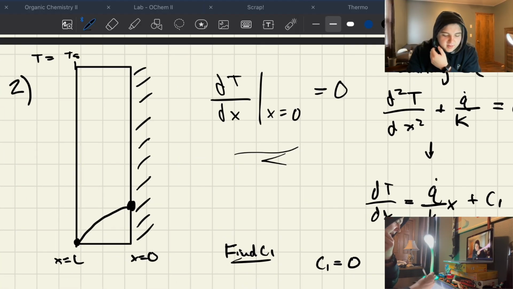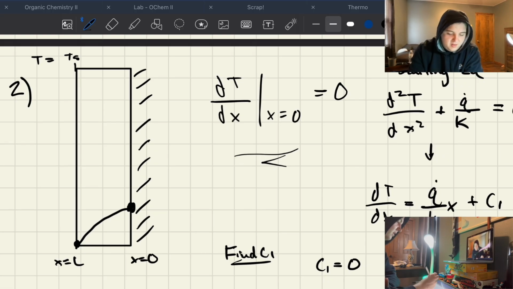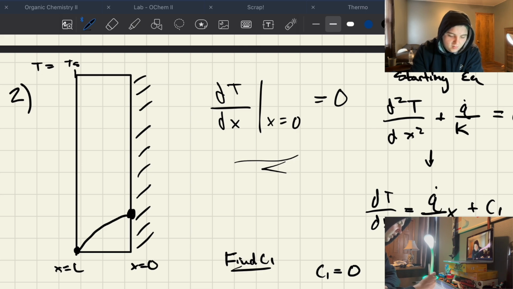So the reason why this is concave down is just due to the buildup of heat.